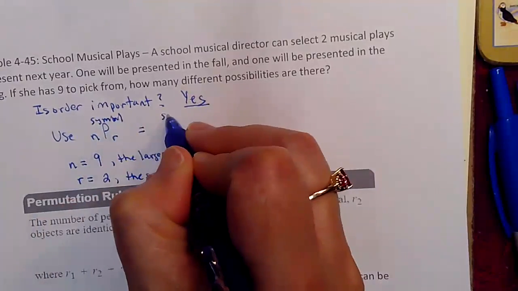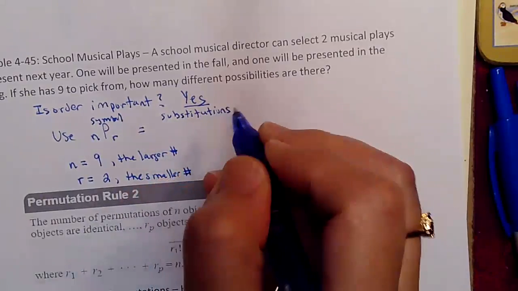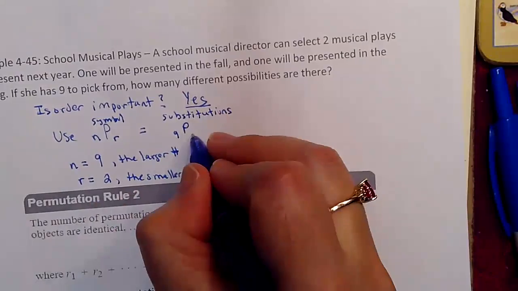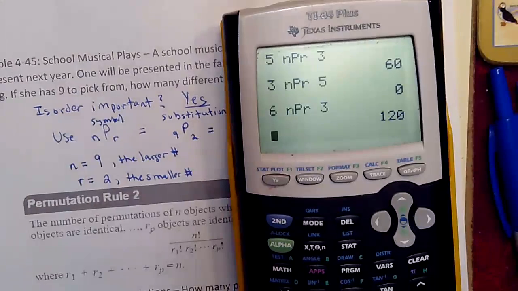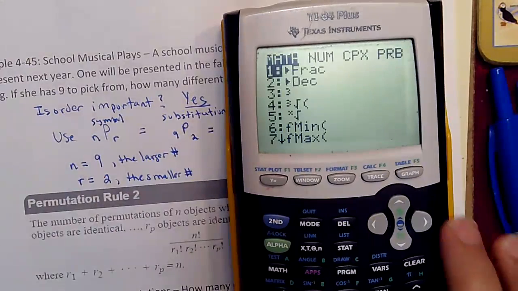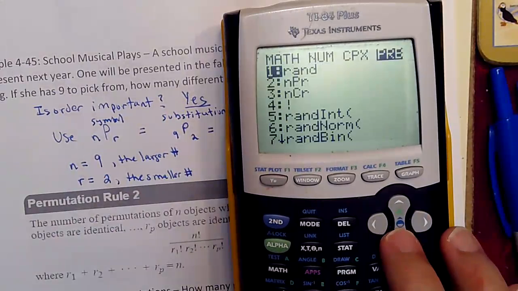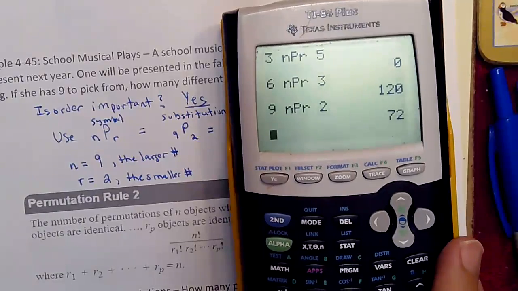Then I'm going to do my substitutions. n is 9, P, and then r is 2. Okay. And so then we have 9, math, probability, number 2, and then 2. Enter. 72.